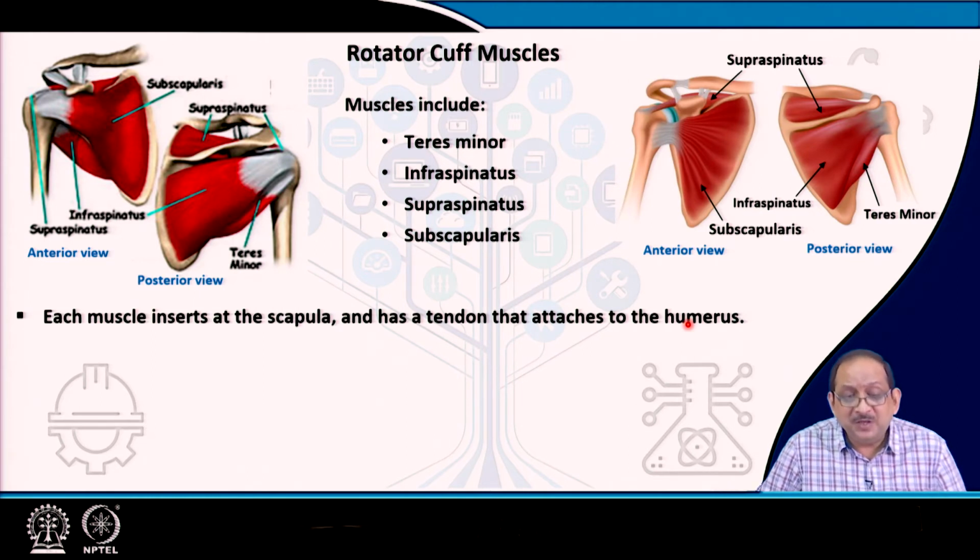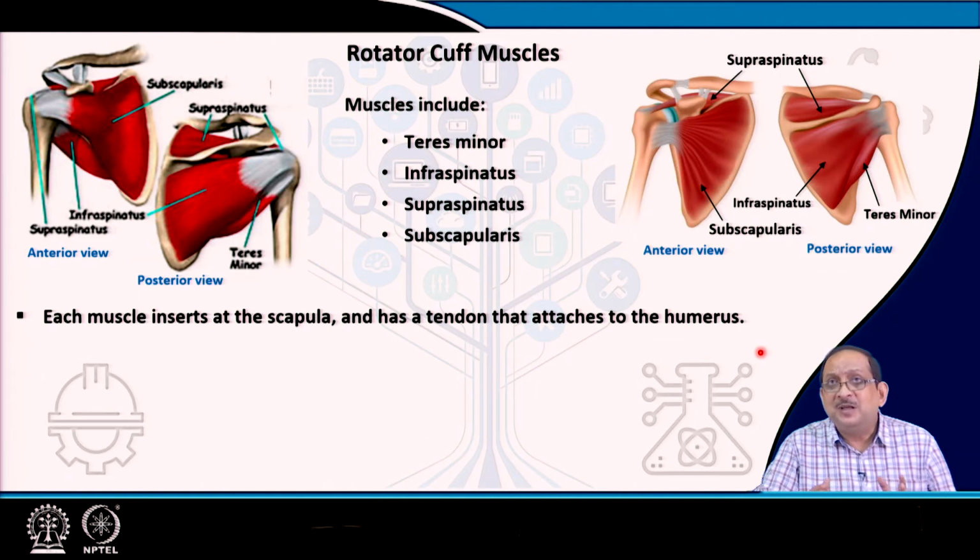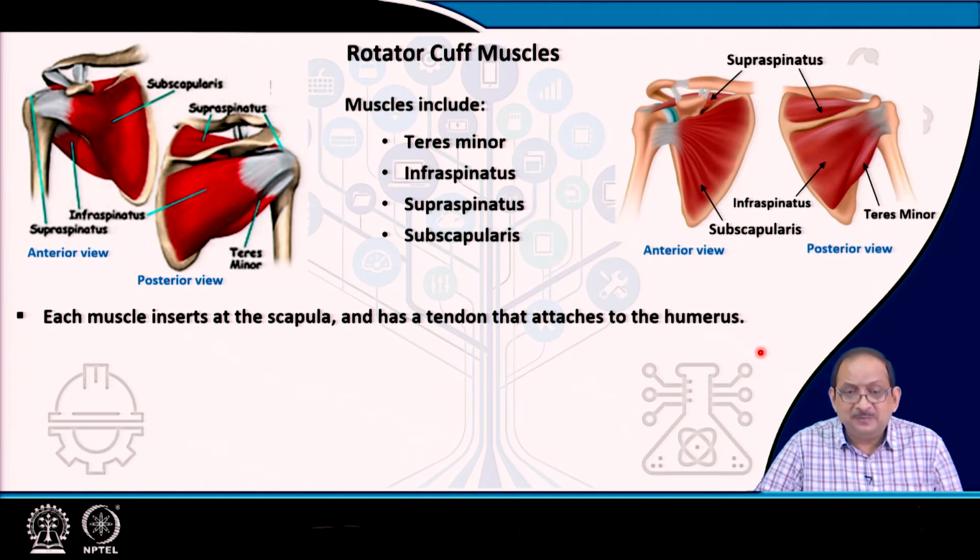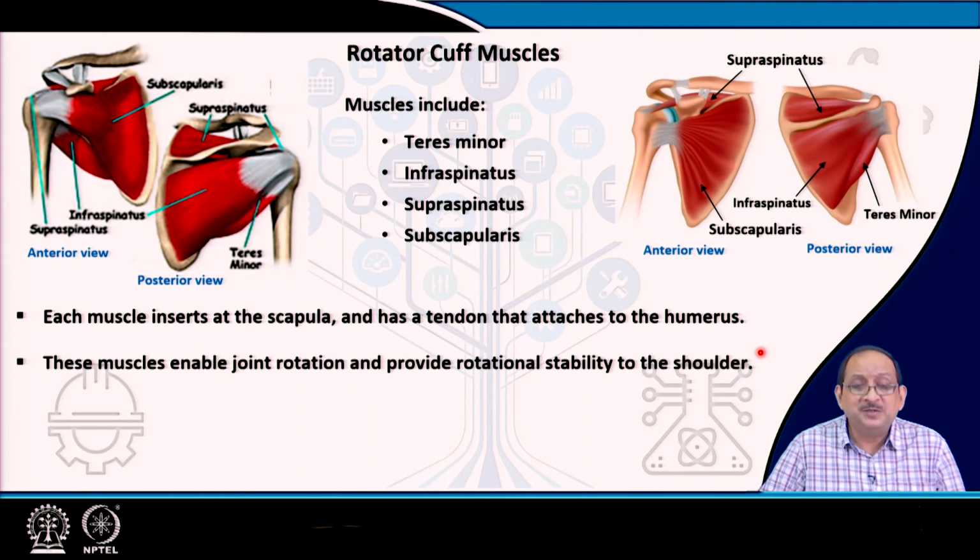Each of these muscles inserts at the scapula and has a tendon that attaches to the humerus. So, the rotator cuff muscle actually connects humerus and scapula. These muscles enable joint rotation and provide rotational stability to the shoulder.